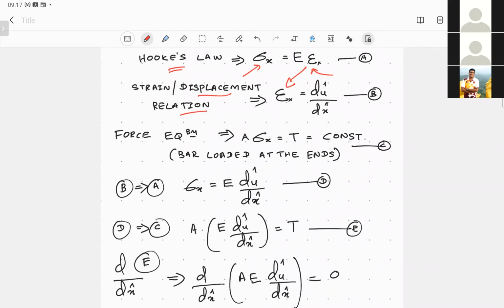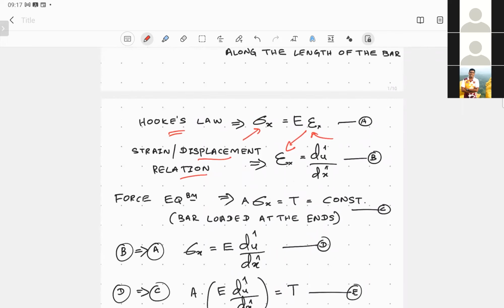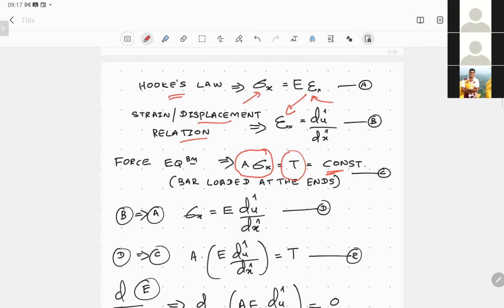So if we consider the force equilibrium, we know the bar is subjected to a tensile force, and the force is nothing but the stress applied in the x direction times the cross-sectional area, which is a constant. And this bar is loaded at the two ends. So we have a relationship now.